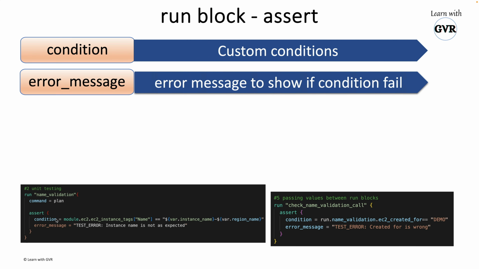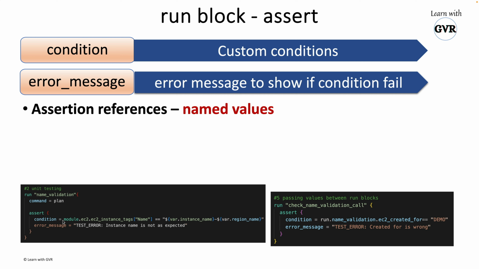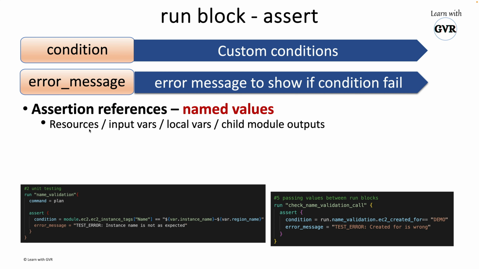And one more thing, this condition you will specify is a dynamic expression. It means you will be using named values, which is this module specific output matching with our expected criteria. This is a dynamic expression you can use, where the condition can refer to resources, input variables, local variables, child module outputs as well.